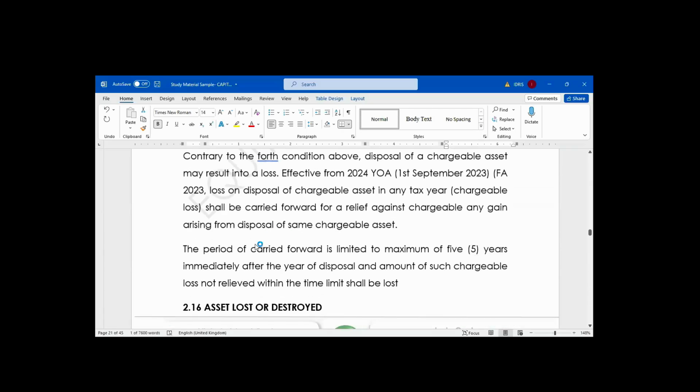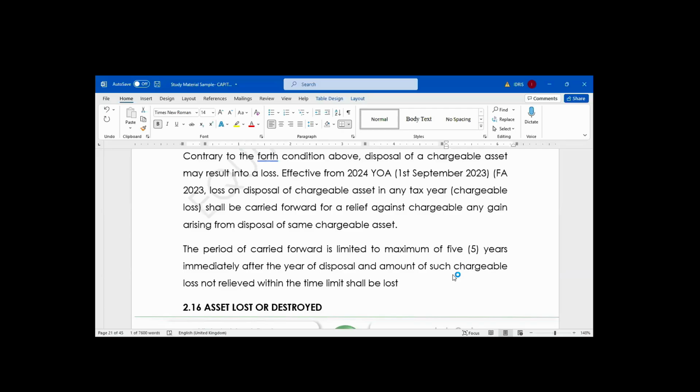And that chargeable loss or capital loss, you can carry it forward for a maximum of how many years? 5 years. After 5 years, if you do not make any gain against which to relieve that capital loss, you cannot relieve the capital loss again.